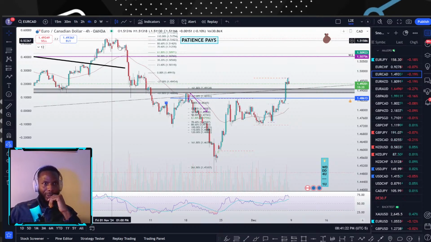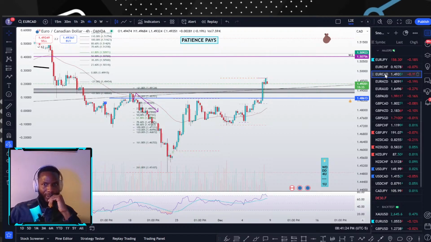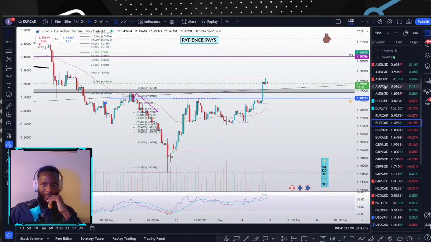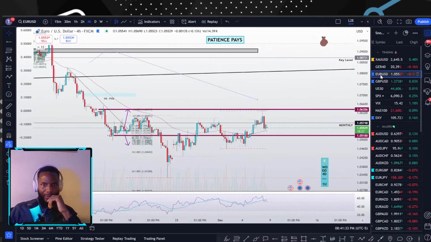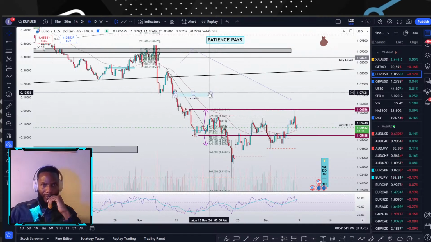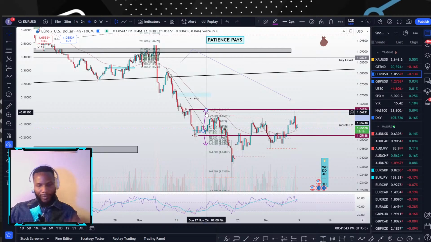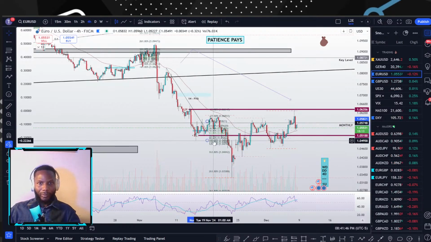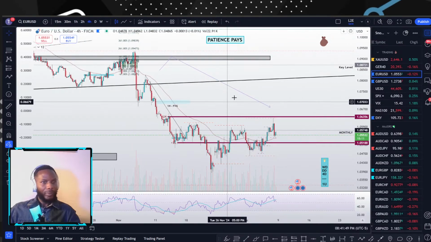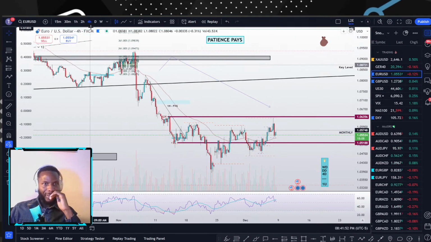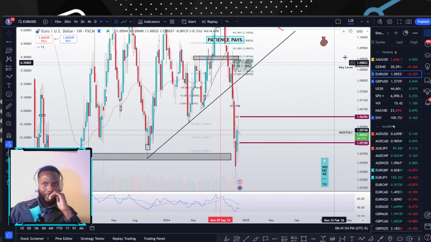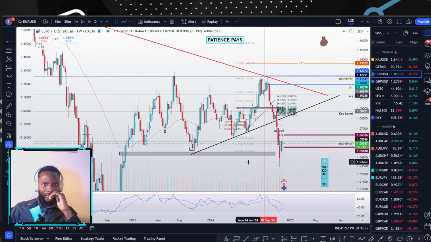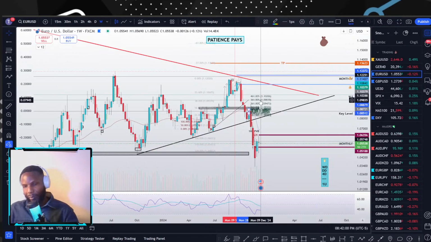This is the Euro CAD. What about the Euro USD? If you guys have any questions too, you can let me know. I'm gonna get rid of some of this stuff.